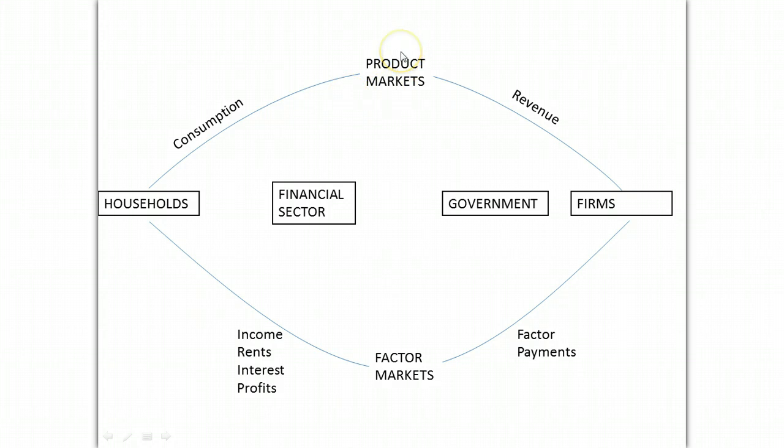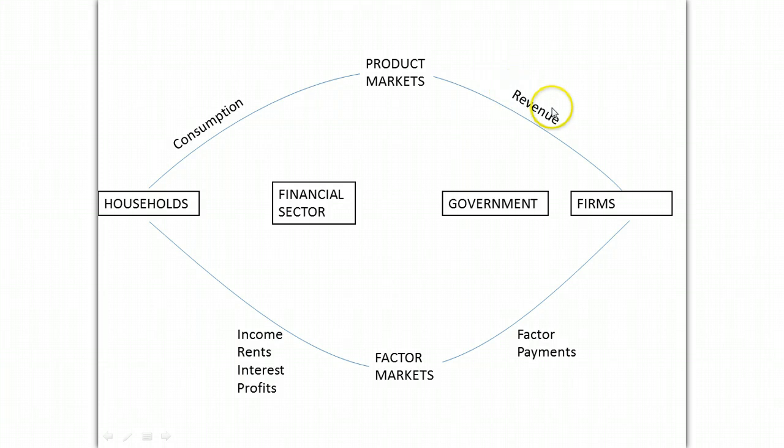So whatever the firms have produced. In this instance, we're not too concerned with what the firms do with the land, labour, capital, enterprise, but we assume they combine them in some black box operation that leads to production. So goods are produced, and households then purchase those goods with the national income they've earned by providing the factors of production. So this money then flows into firms as revenue.